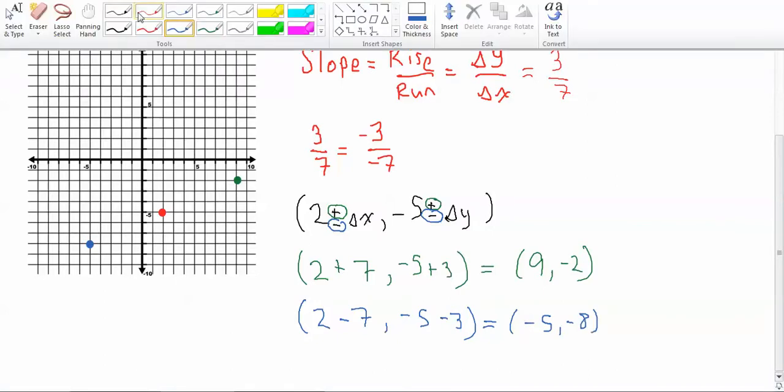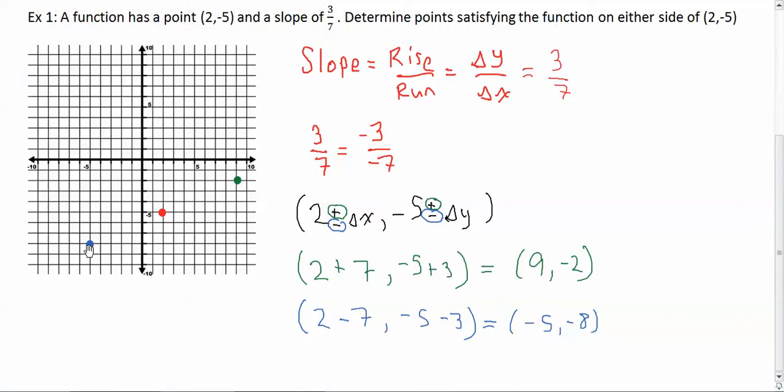And we can check that this point here is exactly at the coordinates negative 5, negative 8. So this is how we solve for a given set of points, either to the left or to the right of a given point, provided a slope. Let's take a look at another example here.